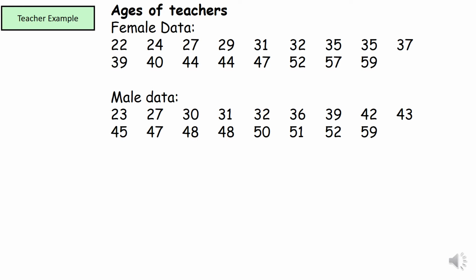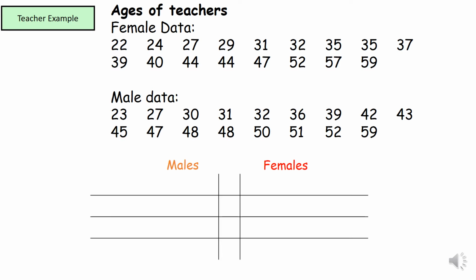For example, here we have two different sets of data of the age of the teachers. Set 1 is for the female teachers and set 2 is for the male teachers. Instead of having two different stem and leaf diagrams, we're going to put them in one stem and leaf. Well, it's a special type of stem and leaf. And it looks like this.